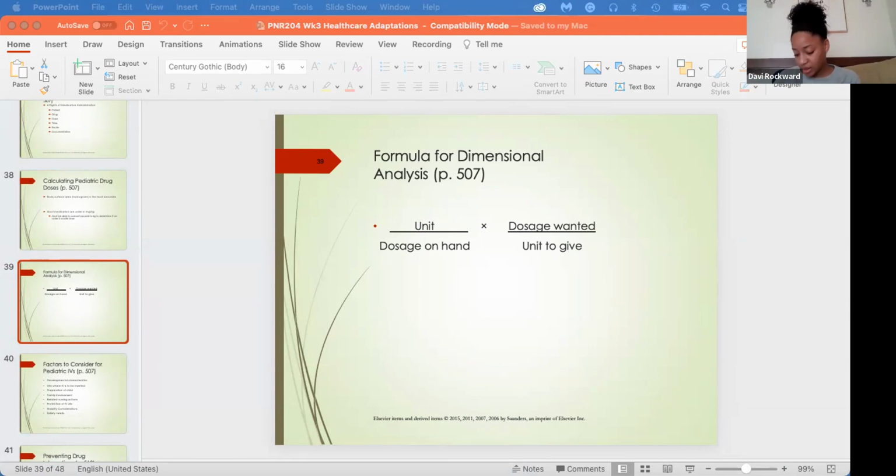Your patient is 30 pounds and it's 15 milligrams per kilo every 6 hours. Your order is 250 milligrams per 5 milliliters. Per 5 mLs. And you need to know how many milliliters per dose. Okay.